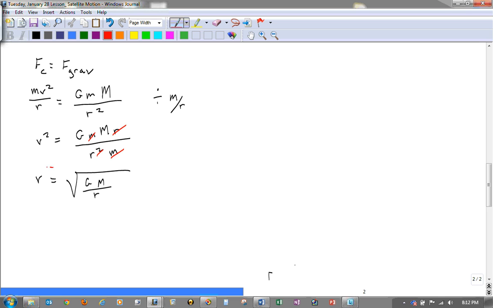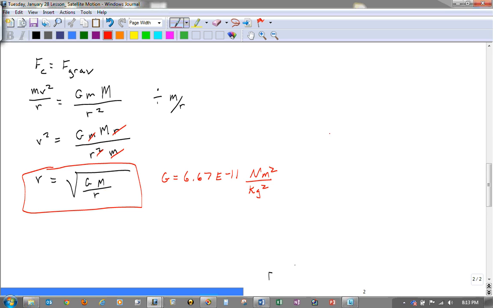So we have that the speed of any object in orbit about a central mass M is going to be equal to the square root of G, the constant, which is 6.67 times 10 to the negative 11 Newton meter squared per kilogram squared, times M divided by r.